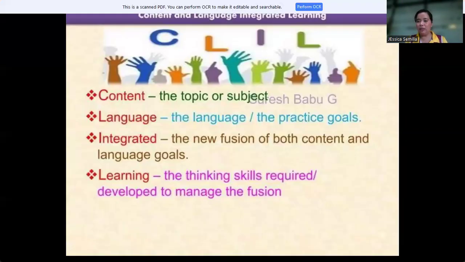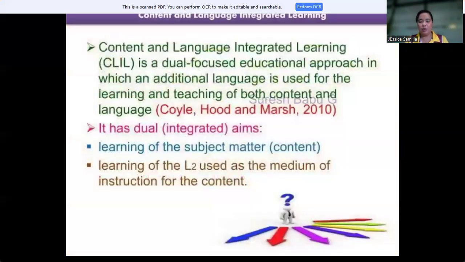Now let's try to look and explore CLIL in the language classroom. So when we talk about content and language integrated learning or CLIL, this is a dual focus educational approach between the language focus and utilizing the content itself while integrating the language focus within. So it has dual aims or dual focus. One, for the content, which is about the subject matter.